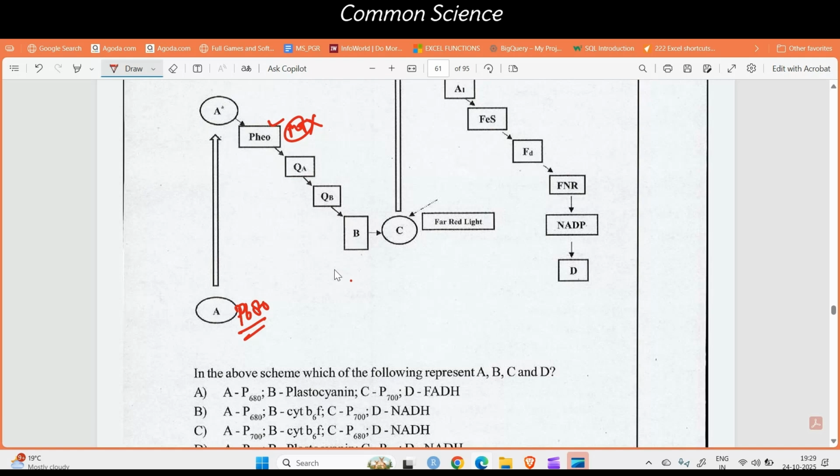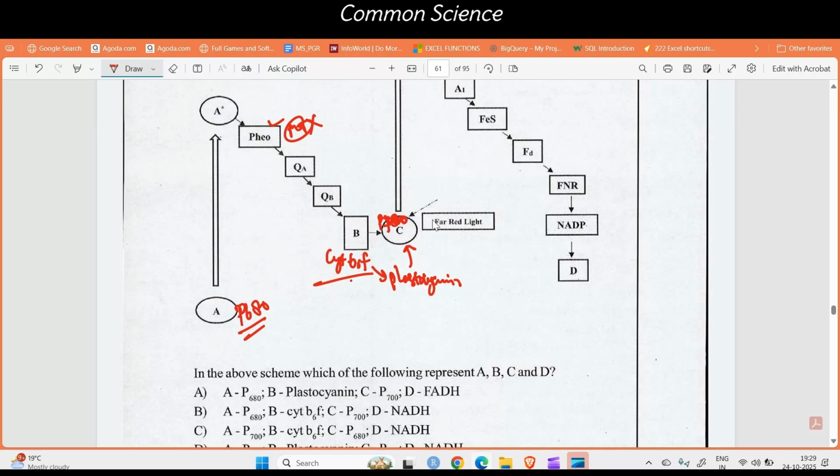This should be cytochrome b6f. This cytochrome b6f then gives the electron to plastocyanin, which is a mobile electron carrier. This plastocyanin then gives it to P680. So C should be P680. Sorry, P700. My bad. P700.